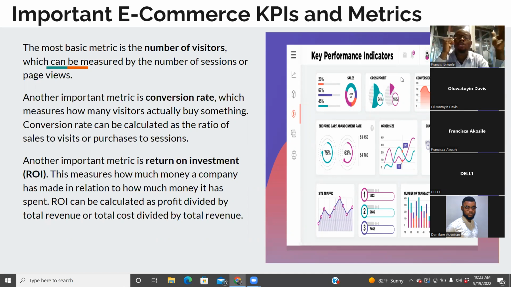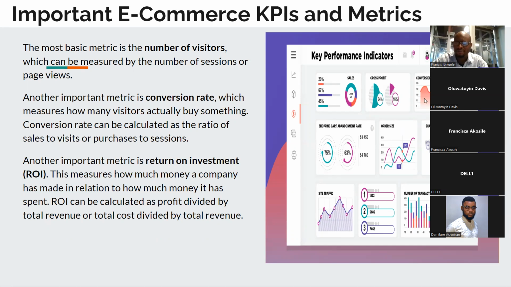When you compare how much you spend for all these things to the amount of sales revenue that you get, it becomes your return on investment. So those are the three main key metrics that are very important for an e-commerce business, because all other metrics can be derived from them.